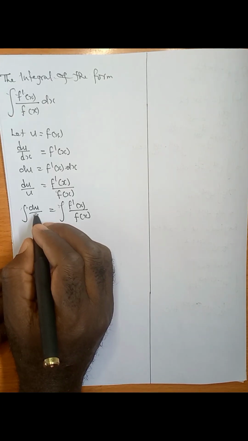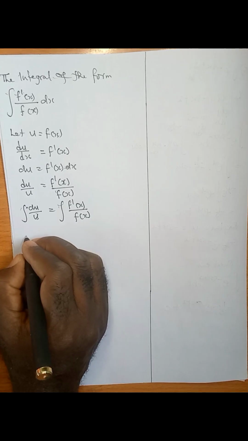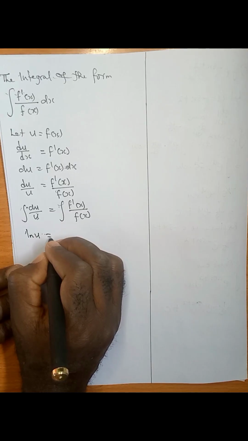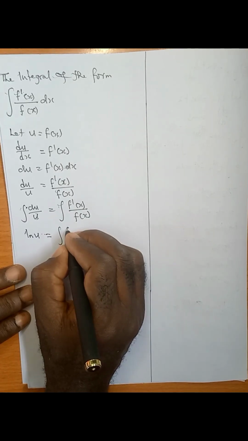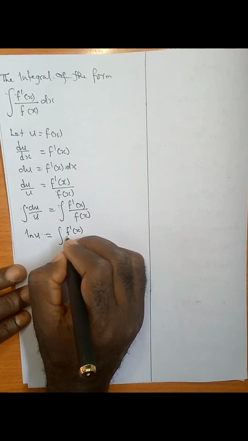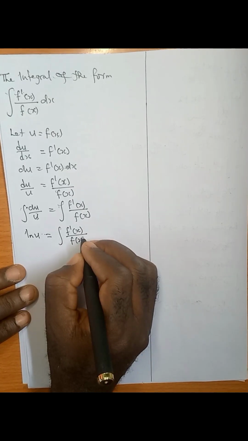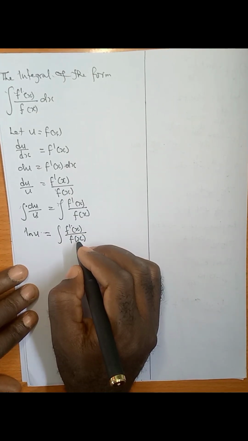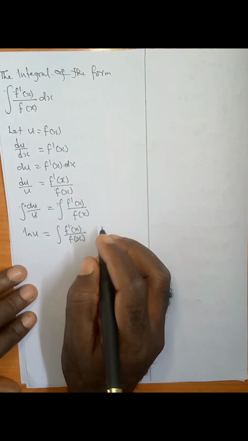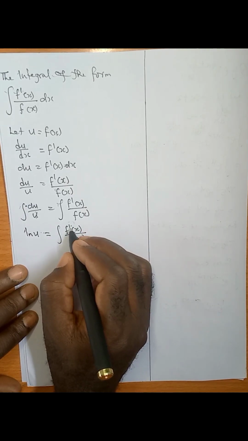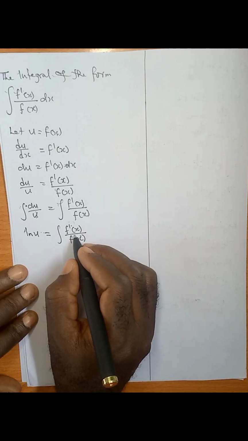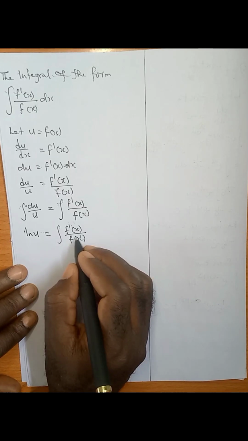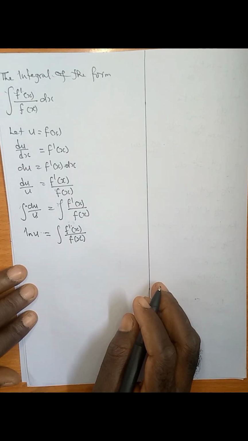To integrate 1 over u here, then it's going to be ln u, which is equal to integral of f prime of x over f of x. What this one simply means is, if you have a fractional integral like this, if the numerator is the differentiation of the denominator, what you do is just take the natural log of the denominator. That will be the integration.